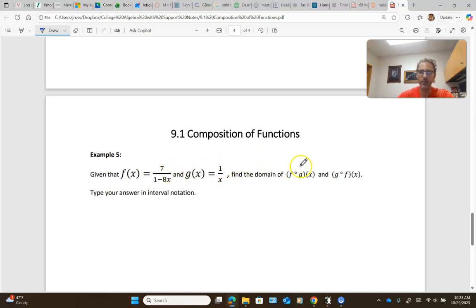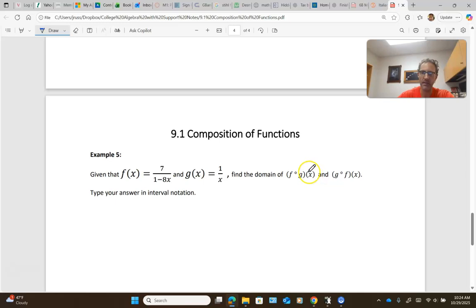And so if we were to find f composed of g of x, it will only work for inputs that can go into g, okay? And then the outputs from g are only going to be valid if they can go into f.